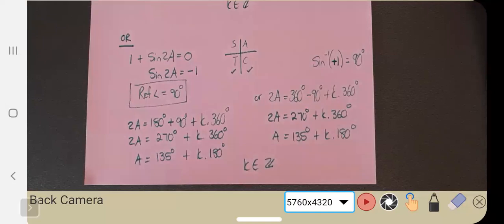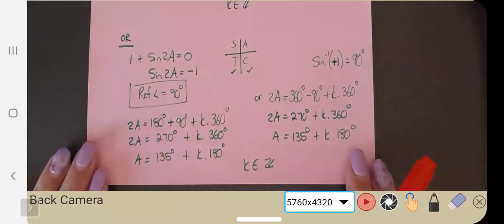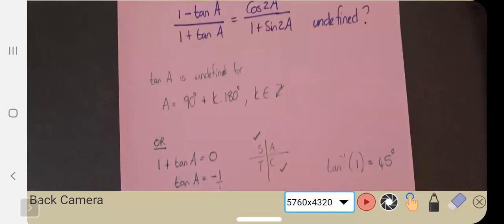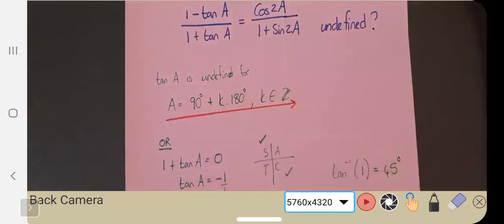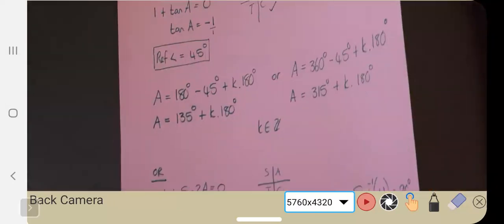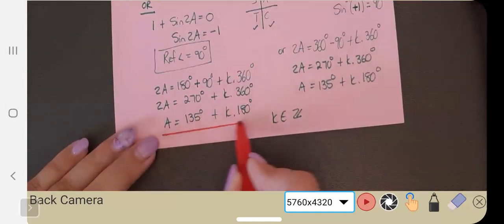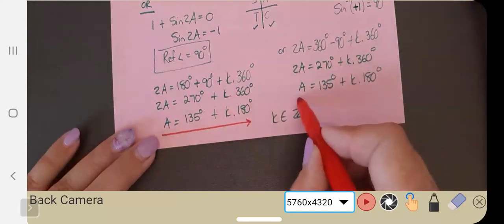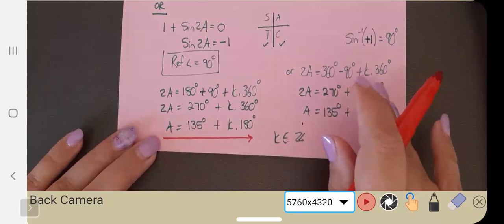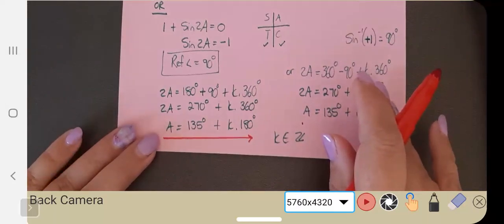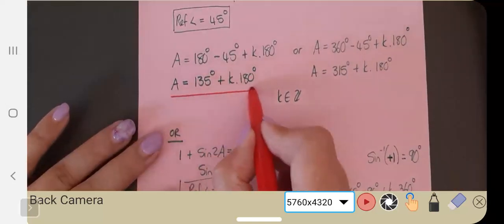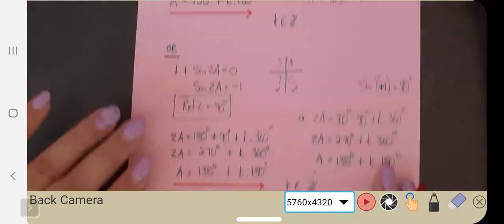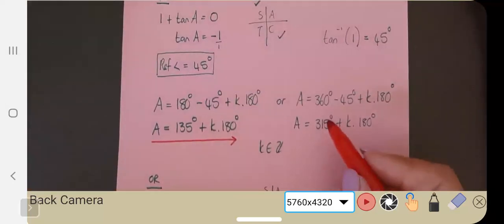Okay, let's show the marker what all the answers are. We first get 90 degrees plus k times 180. Then we get 135 plus k times 180. And then we get this one, which is 315.